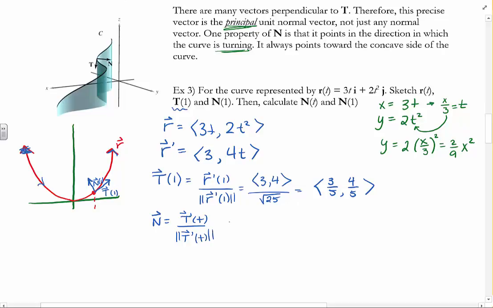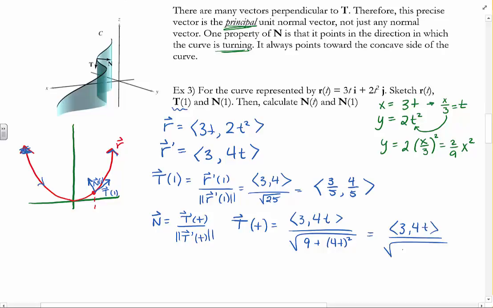And T of t is 3, 4t divided by the square root of 9 plus 4t squared, which is 3, 4t divided by the square root of 9 plus 16t squared. I now need to take this thing and take its derivative and then find the magnitude of the derivative and divide them.